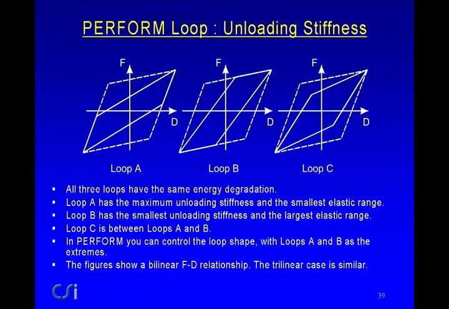Here you have the maximum unloading stiffness, but the minimum unloading range to produce this degraded loop. Here you have the opposite. You've got the maximum unloading range, which would give you the minimum unloading stiffness. And here you have something halfway between, an unloading stiffness in between the maximum and the minimum, and an unloading range somewhere between 0 and the maximum.